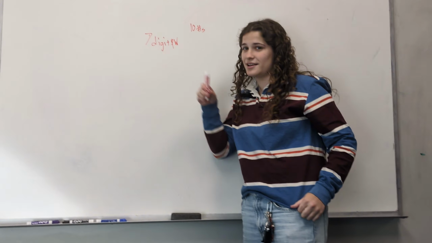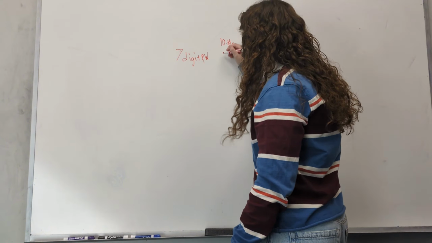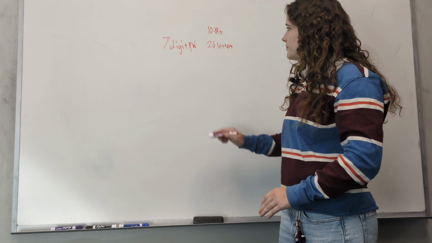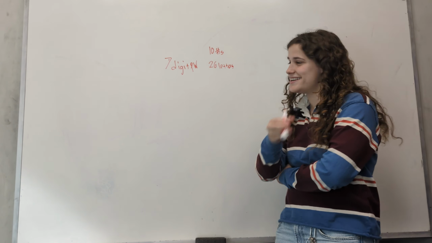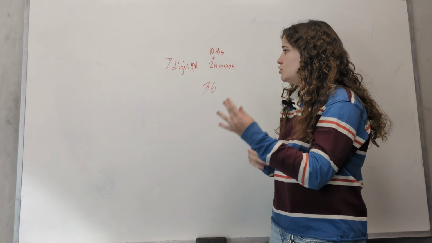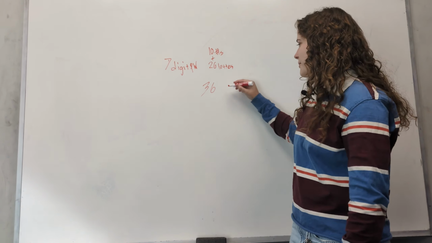And how many letters do we have to choose from? Well, of course, there are 26 letters of the alphabet. Oh, but Ginny, we have too much to choose from. We have numbers and letters. Whatever shall we do? I have an idea. Add them. And that gets us 36 numerical and alphabetical options to choose from.